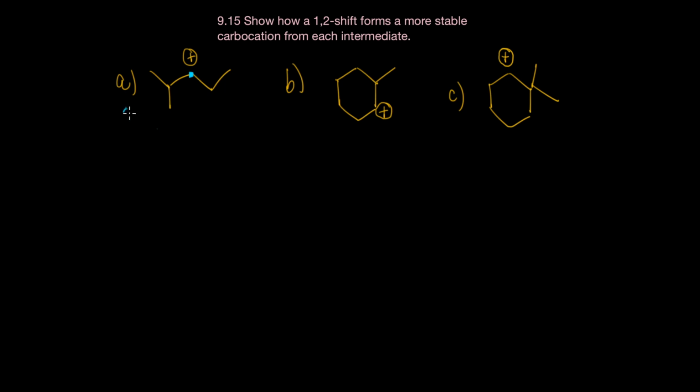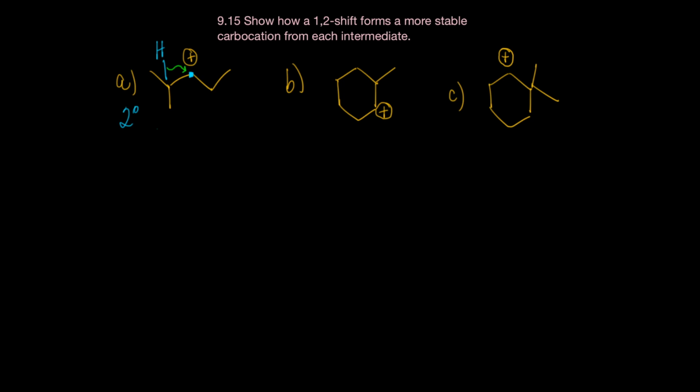Okay. And what we want to do is locate a more substituted carbon next door. So this carbon is a tertiary carbon, and we have a tertiary hydrogen attached to that tertiary carbon. So what we can do is show how this hydride, the hydrogen with the lone pair of electrons, is going to migrate over to this dotted carbon.